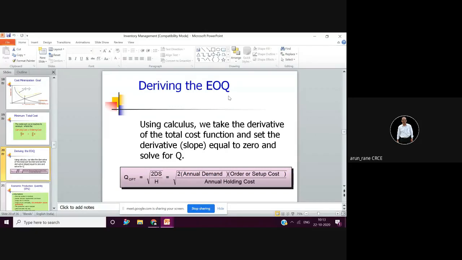What we are going to discuss now is EPQ, that is economic production quantity. This is your economic order quantity, that is how much quantity to be ordered, which is given by under root of annual demand times setup cost divided by annual holding cost. As I told, this is important and it is being asked in many competitive exams as well as in aptitude tests.